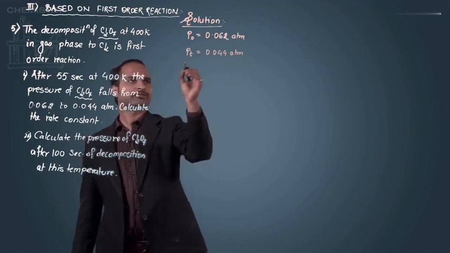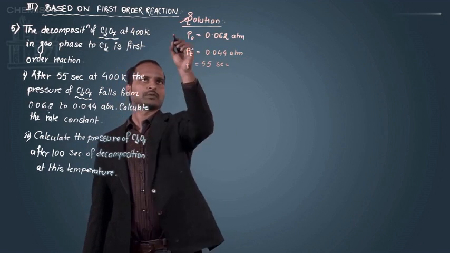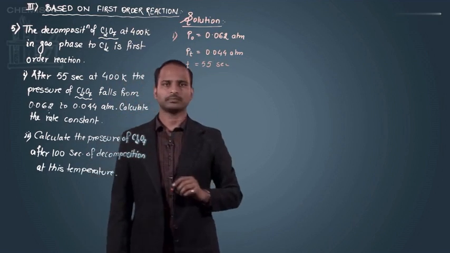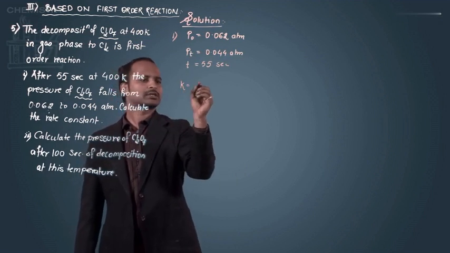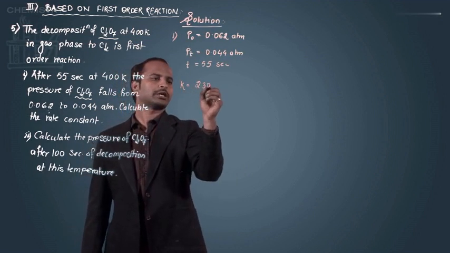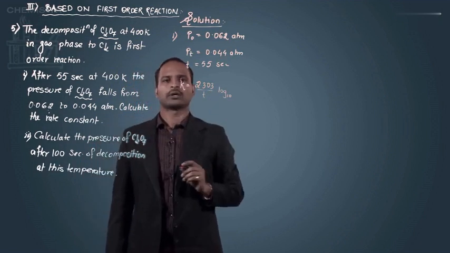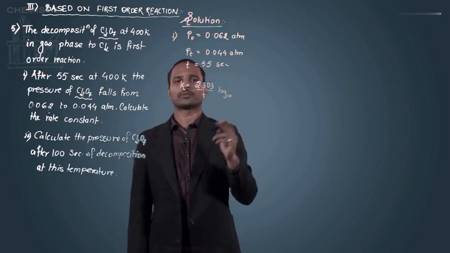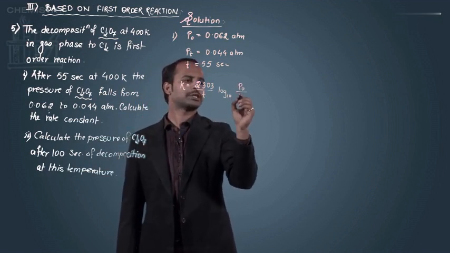Time is also given, 55 seconds. We have to calculate K. So K is equal to 2.303 upon t log to the base 10. Instead of a naught upon a t, since the pressure is given, we will use the formula P naught upon PT.